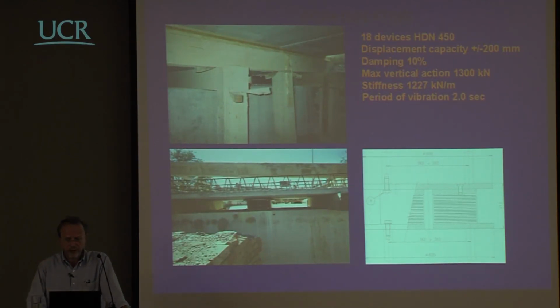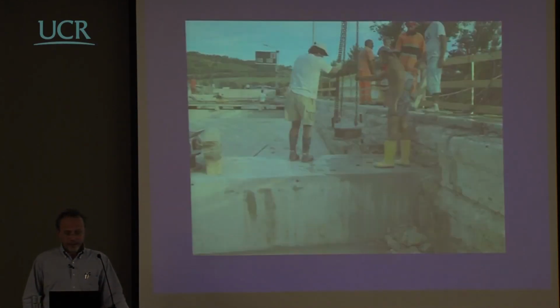I'll discuss it tomorrow. This is the vertical action on the isolators, in the sense that, of course, you don't have there the weight of the masonry structure. And it was possible to design it for a period of 2 seconds, which comes out from the 200 millimeters entering the displacement spectrum of that area.